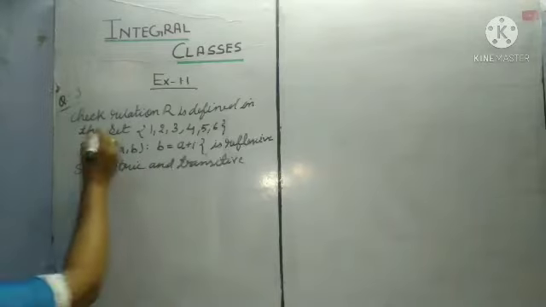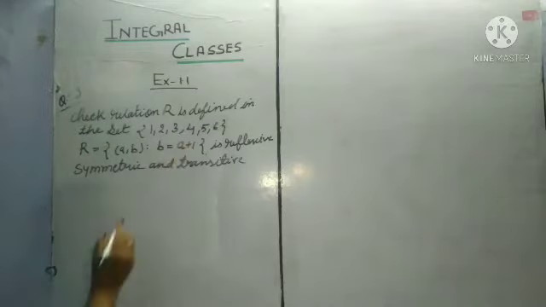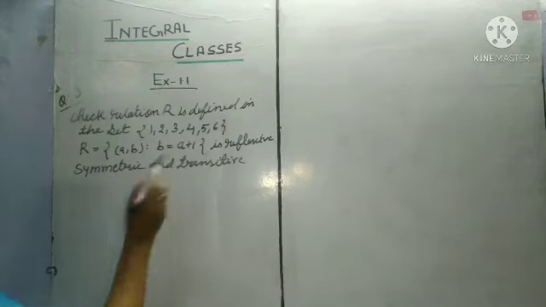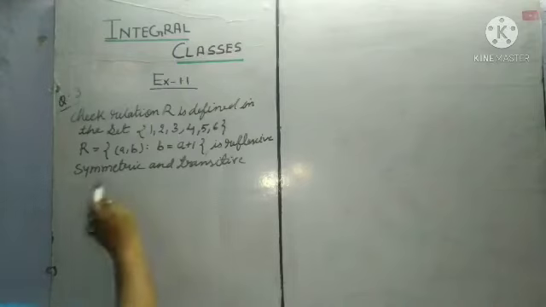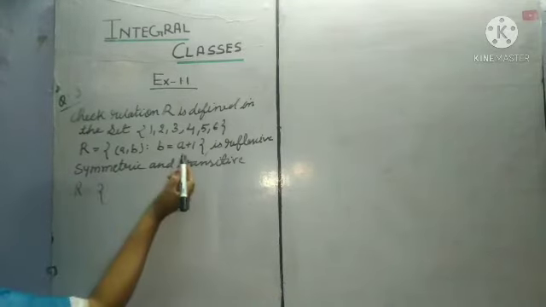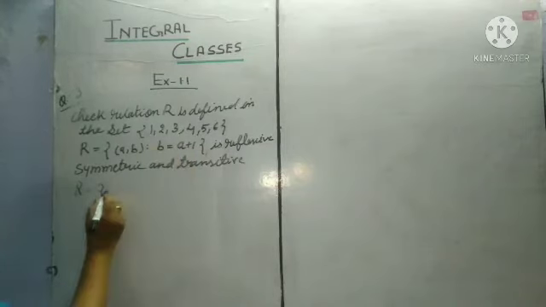Question number 3: check the relation R defined on the set {1, 2, 3, 4, 5, 6}, and the relation is given as (a, b) where b equal to a plus 1. We will check reflexive, symmetric and transitive. First of all, we will write the relation R. If we put the value a equal to 1, 2, 3, 4, 5, 6, then we will get the values of b.